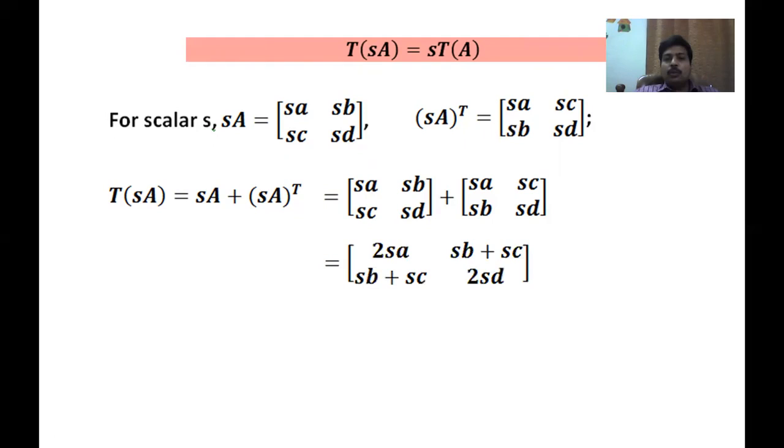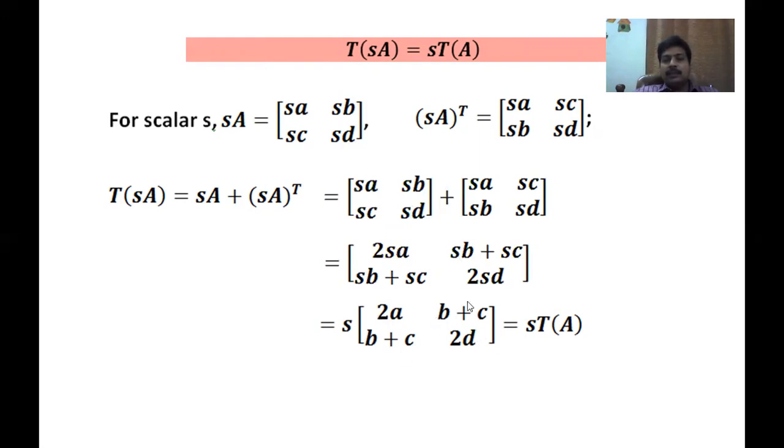Then I will get [2SA, SB plus SC; SC plus SB, 2SD], and SC plus SB is nothing but SB plus SC. So this is the addition of these two matrices. Again, S can be taken out of this matrix. That is equal to S times [2A, B plus C; B plus C, 2D].